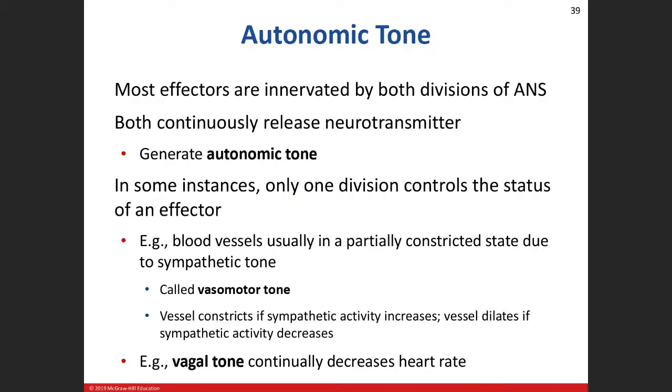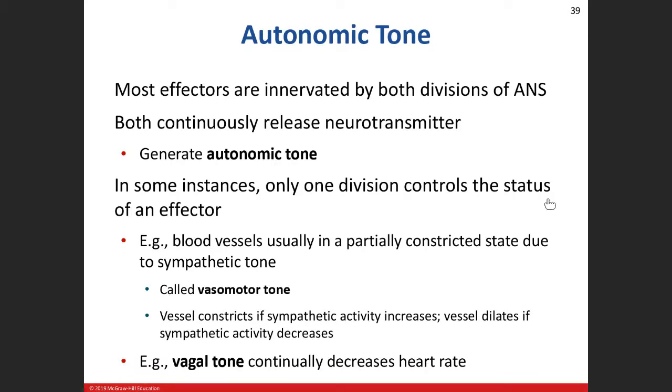First of all, keep in mind that the autonomic nervous system and its two divisions, the sympathetic nervous system and the parasympathetic nervous system, most of those effectors are going to be innervated by both the sympathetic and parasympathetic divisions. Some, like I said before, for example, your blood vessels, are innervated by one division, sympathetic.